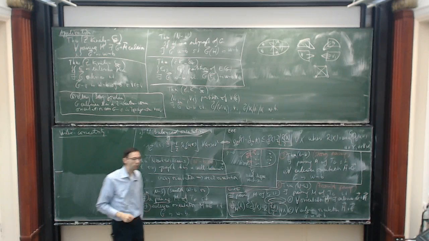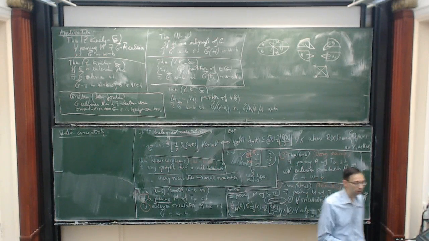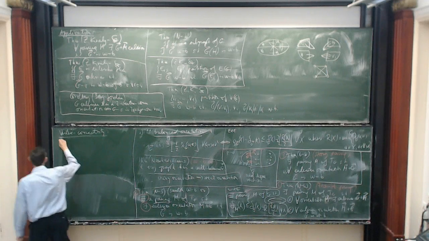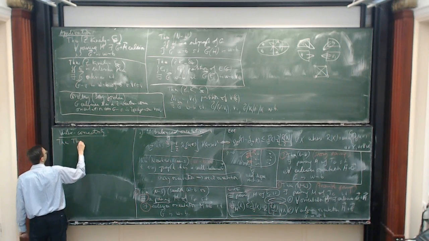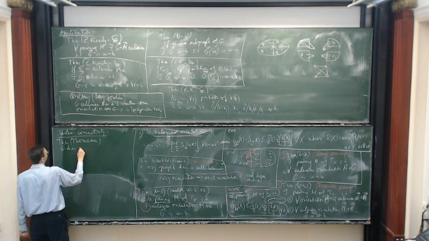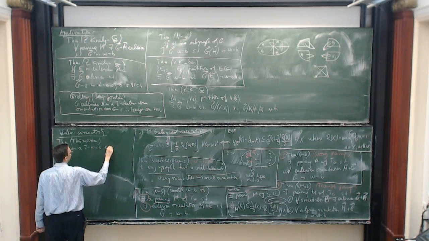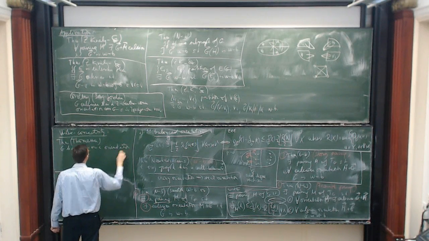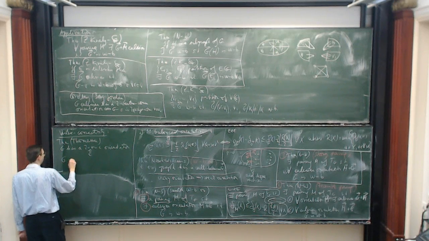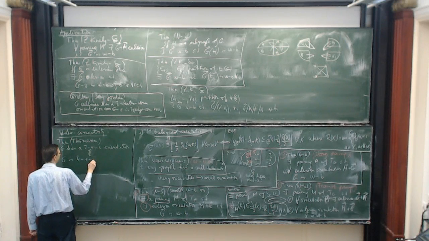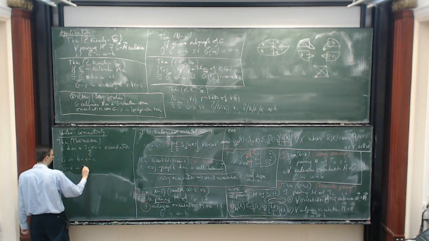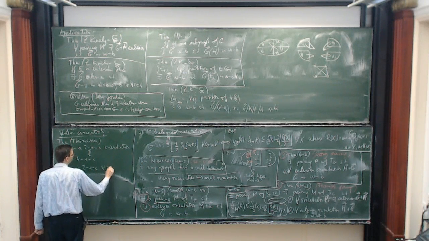So for a long time it was an open problem, and recently it was completely settled. For k equals 2, it's a theorem of Thomassen. G has a 2-vertex connected orientation if and only if the graph is 4-edge connected and the graph minus v is 2-edge connected for every vertex.